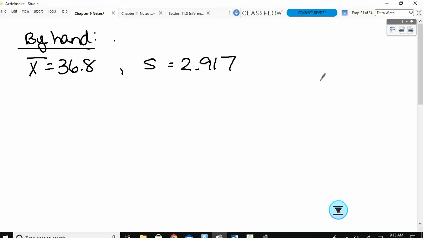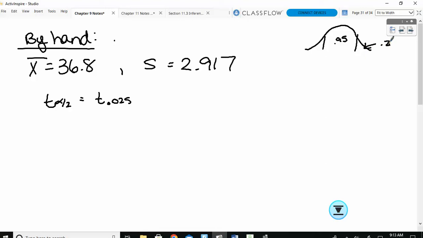Okay, so then if I wanted to use the formula, we have to have our T alpha over 2. All right, so we are talking about a 95% confidence interval, right? So we want 95% to be here in the middle. So how much is left for the ends? 5%, and you split it up over the 2, so you get 2.5 each.